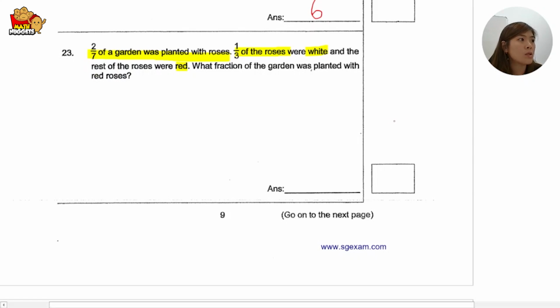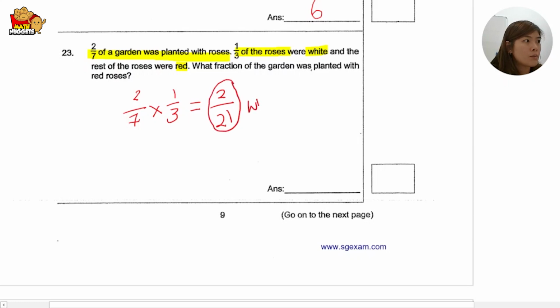Firstly, 2/7 was planted with roses, and 1/3 of the roses were white, so we find out the white roses first. 2/7 multiplied by 1/3, we get 2/21. So these are the white roses.